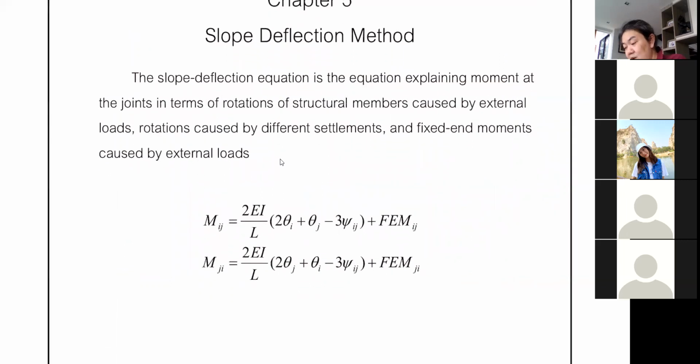So we have 2EI over L, but when I consider the relative stiffness here, the I over L becomes my K, right? So my equation can be rewritten as 2EK.